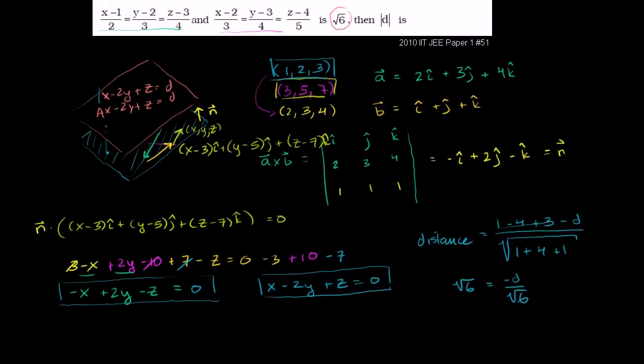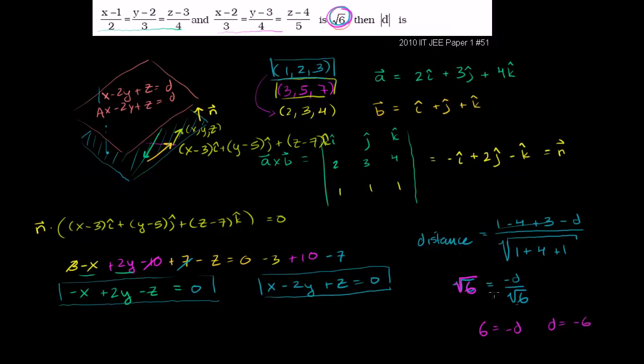The distance between the two planes is going to be the square root of 6. And so if we solve for d, multiply both sides of this equation by the square root of 6, you get 6 is equal to negative d, or d is equal to negative 6.